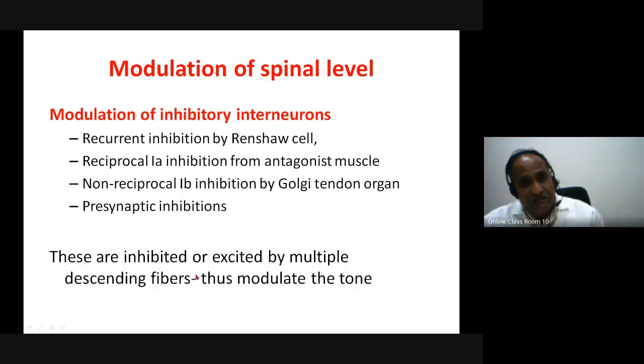So these are inhibited or excited by multiple descending fibers. Either these inhibitions may be inhibited directly, or there may be inhibition of inhibition, that remains facilitated. Such things will modulate the tone. This is what happens at the spinal level.